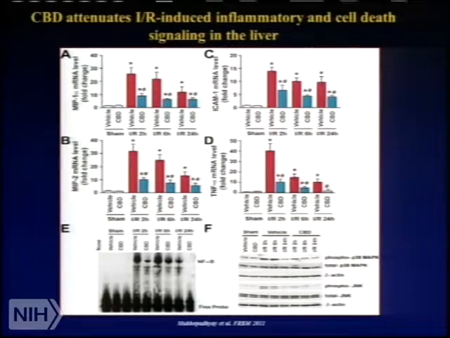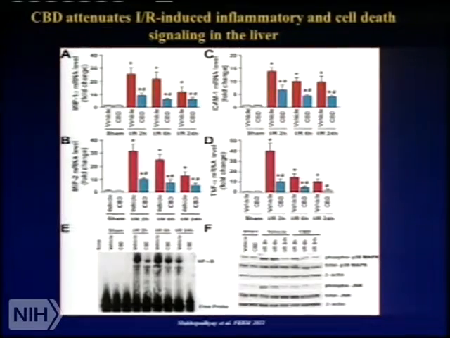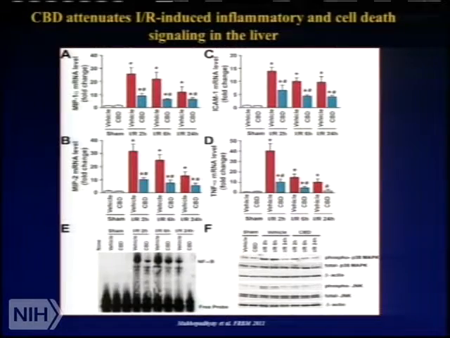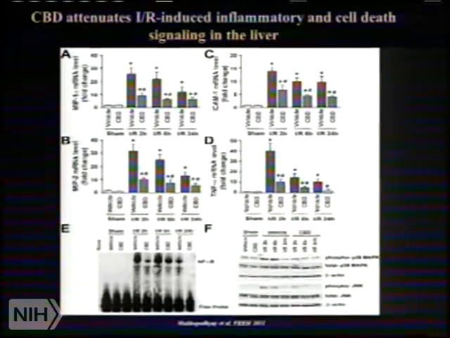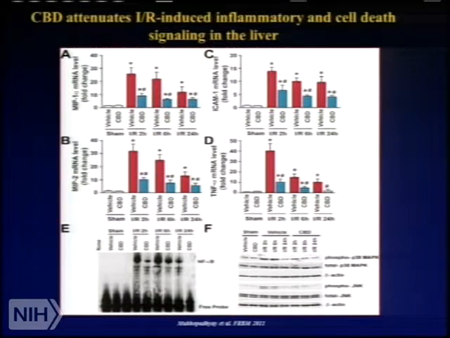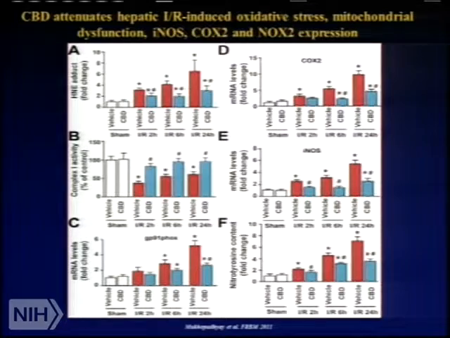Also, you see compared to the control, marked early activation of NF-kappaB pathways in these livers, which is attenuated by cannabidiol, and these are various stress kinases which lead to cell death, mostly apoptotic, so there is an early increase, and this is attenuated by cannabidiol.